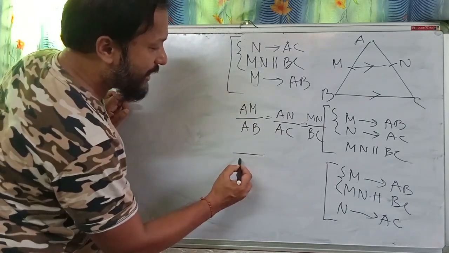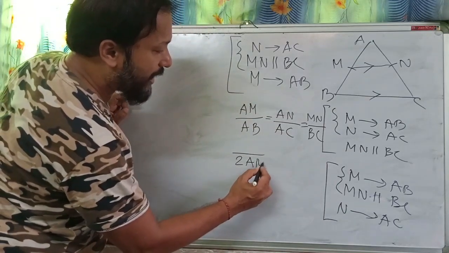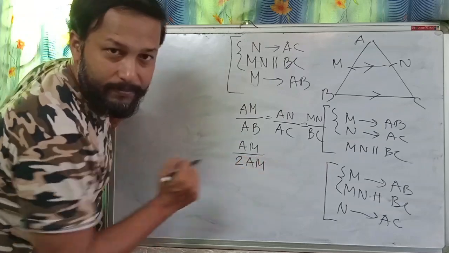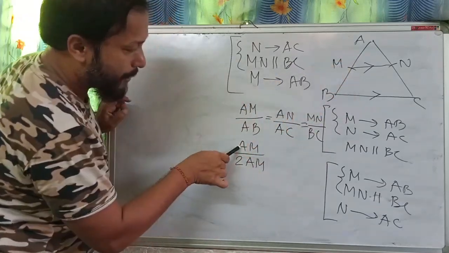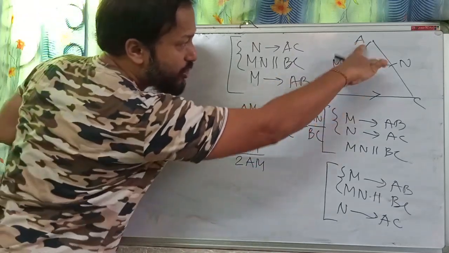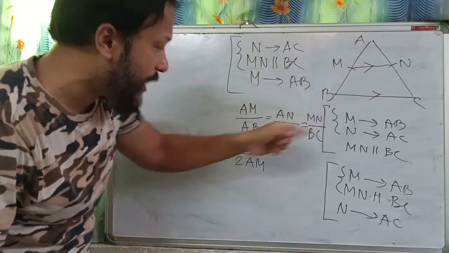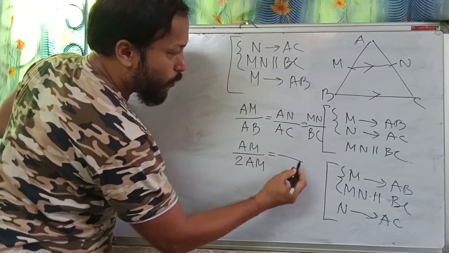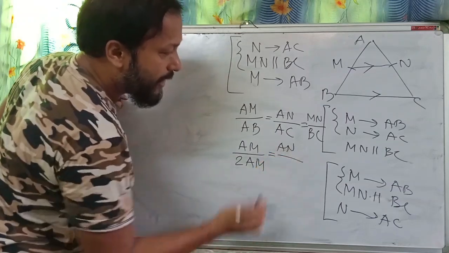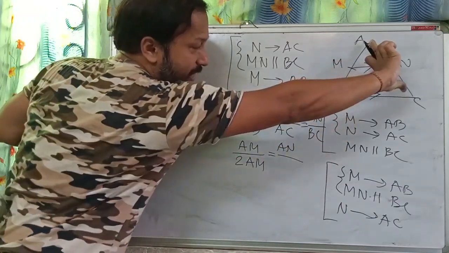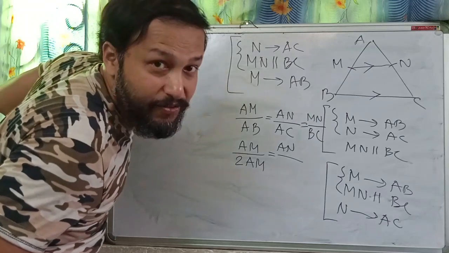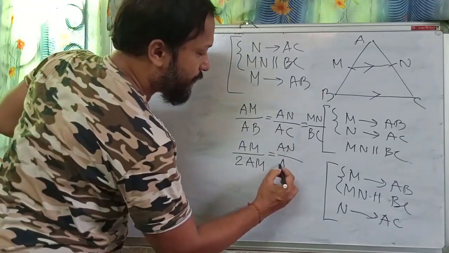So instead of AB, I can write double of AM. Any problem? AM I'm keeping the same. AB is just double of AM. Why double of AM? Because M is the midpoint of AB. Now AN I'm keeping the same. AC. Now what is AC? AC is double of AN.